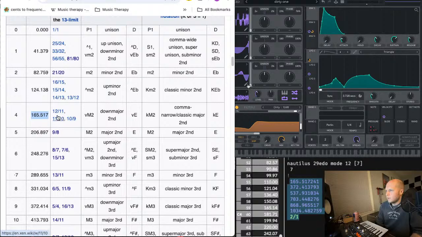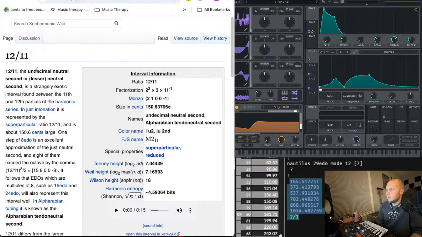So these intervals here, we'll see what they say, but I suspect at least one, if not all of them, will be some type of neutral second. So 12/11 is the undecimal neutral second. So the undecimal, this is just a fancy math term, meaning having something to do with the number 11, because this is an 11 limit interval, meaning that the highest prime number among these two numbers here is the number 11.